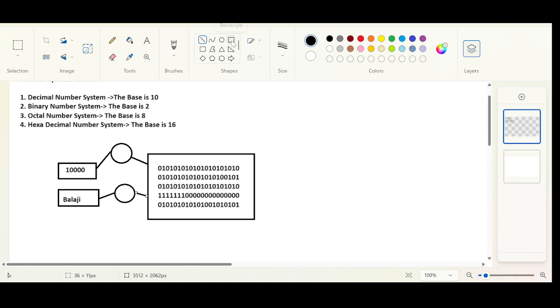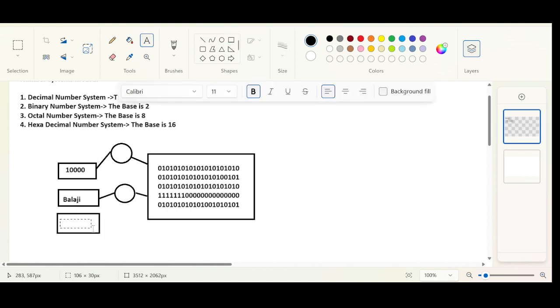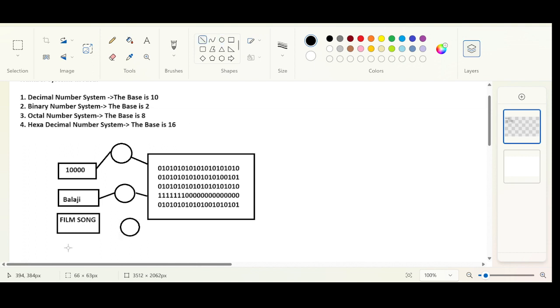And if you have any kind of audio data, for example, let us take a film song. If you want to save any film song, this song needs to be converted into the form of zeros and ones. How the conversion happens? There are some transistors, some internal designs where the conversion takes place, but this film song will also get converted into zeros and ones.